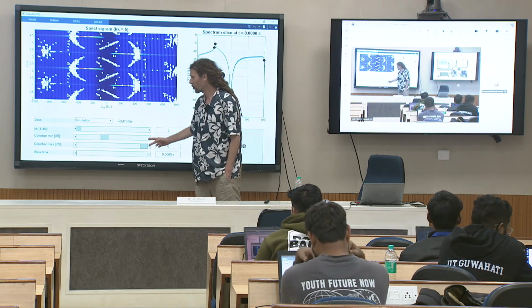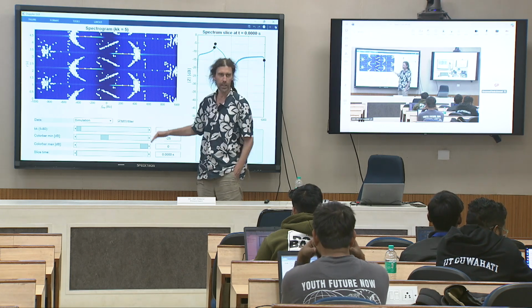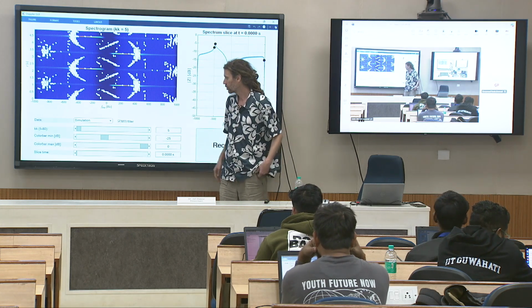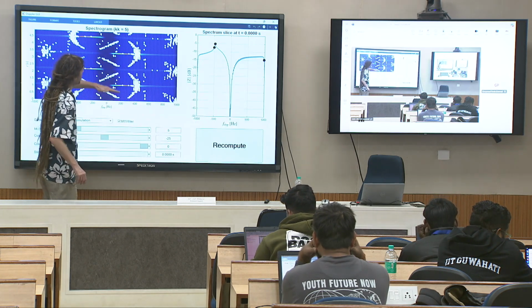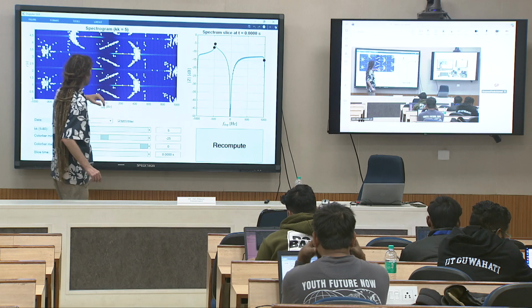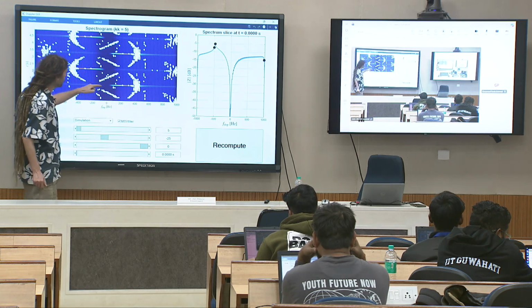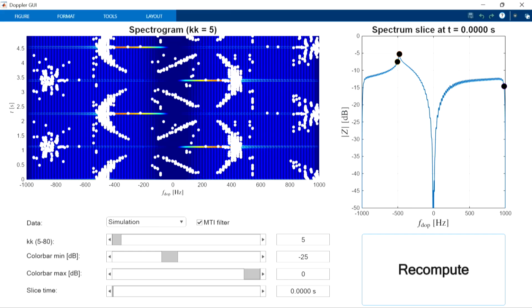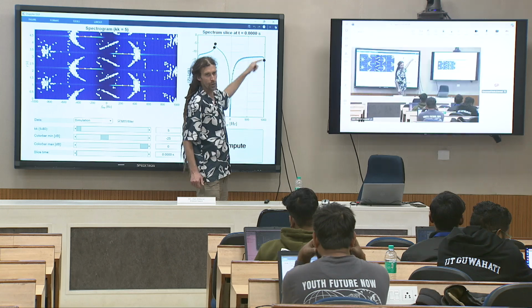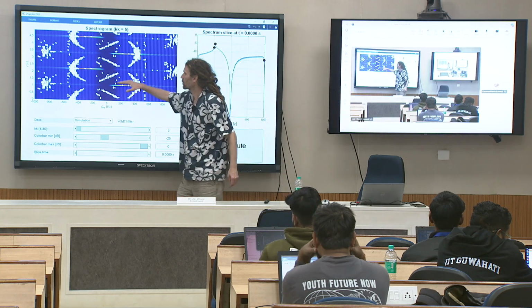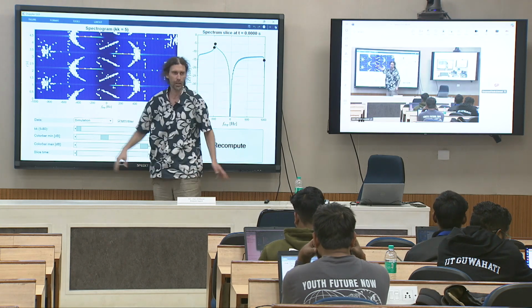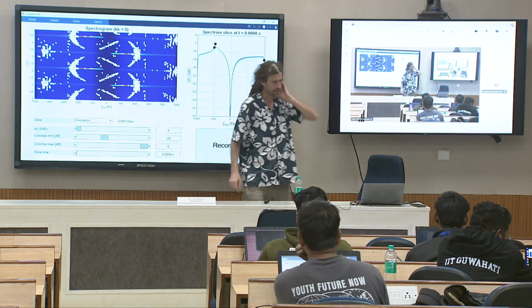This color bar is just color visualization if you need to tweak, and slice time shows you just a cut in the spectra. So please try to find a time where you just hit the flash, because the spectrum will be almost constant. So try to find the exact time of one flash. This one, this one, this one, or this one. It is up to you. Just try it.